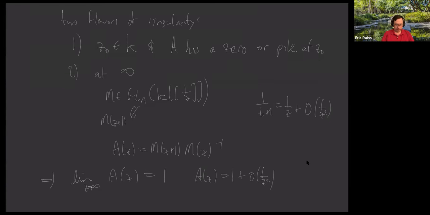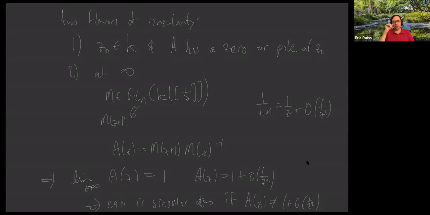And so our equation is singular at infinity if A of z is not 1 plus big O of 1 over z squared. And this turns out to be an if and only if.